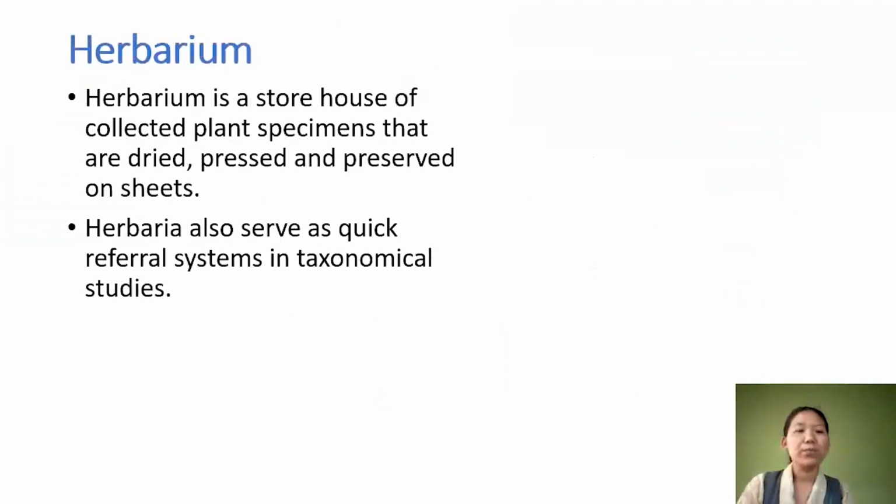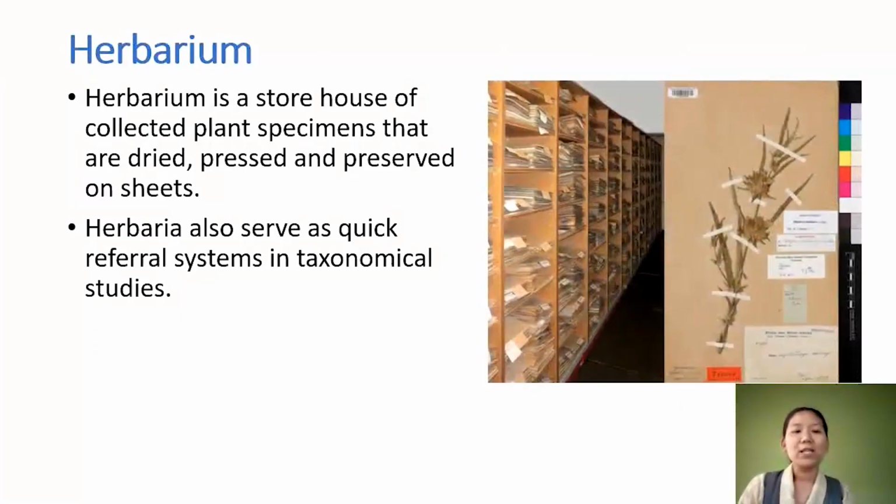First, herbarium. Herbarium is a storehouse of collected plants, and these plant specimens are dried, pressed and preserved on a sheet. On the preserved sheet there is a label on which you can see the scientific name of the plant, local name of the plant, date of collection, place of collection and name of the collector.